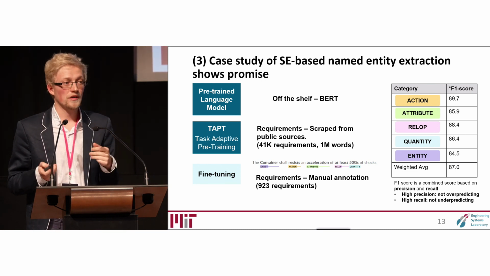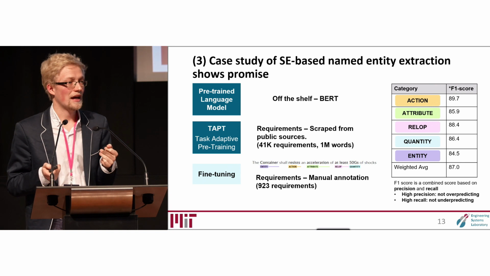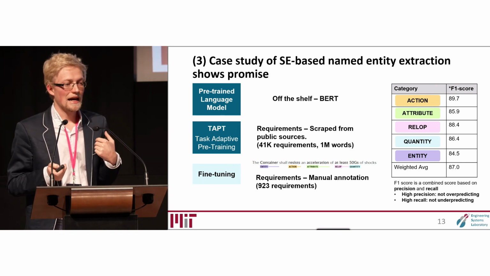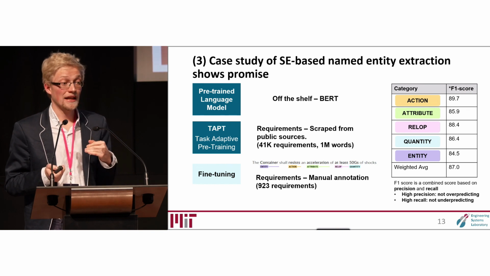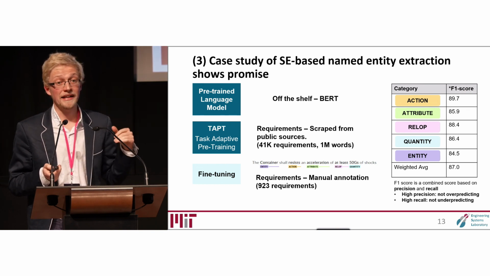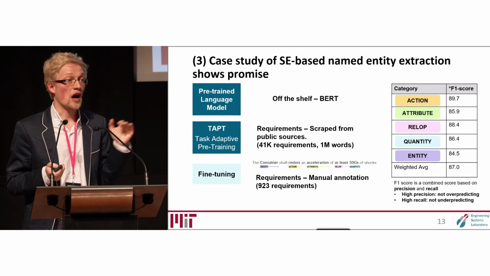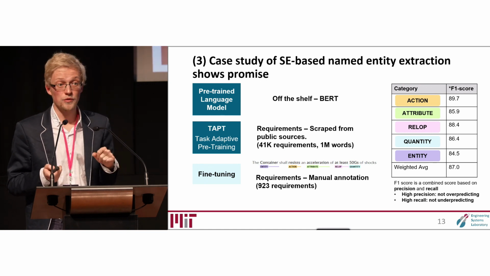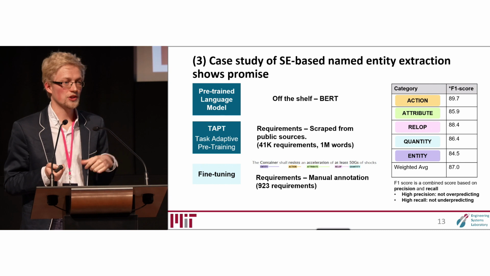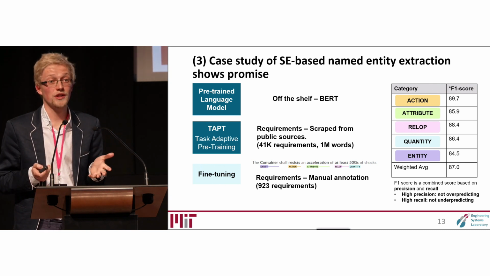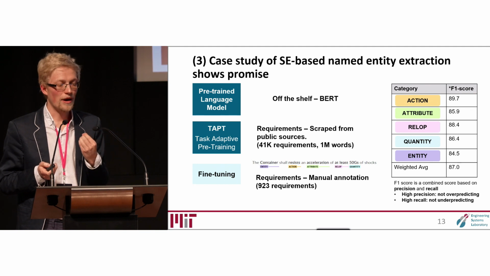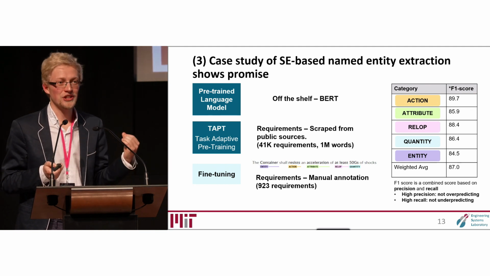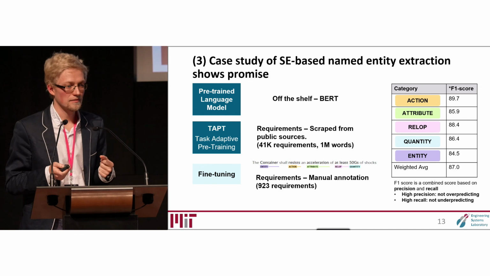And just historically, natural language processing algorithms have been performing on the order of 60 or 70. So getting up to 80 or even 90 is state of the art in a lot of other natural language processing tasks. So this shows that these type of models can do really good in terms of replicating the annotation that a human person has done.